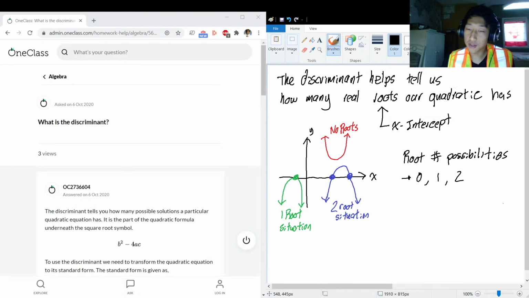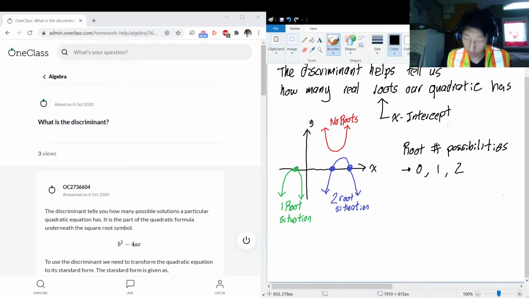Now, how does this discriminant tell us how many roots there are? Okay, so first let's talk about the quadratic formula. The quadratic formula will tell us where the roots are. The quadratic formula tells us the x-intercepts.